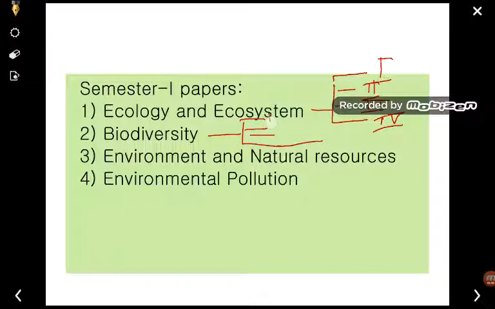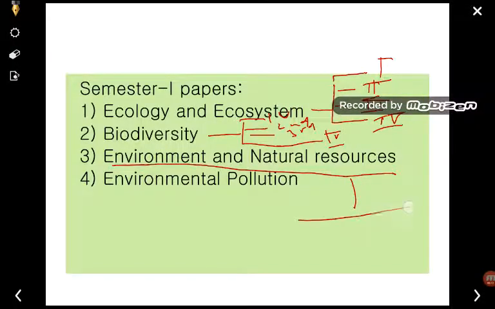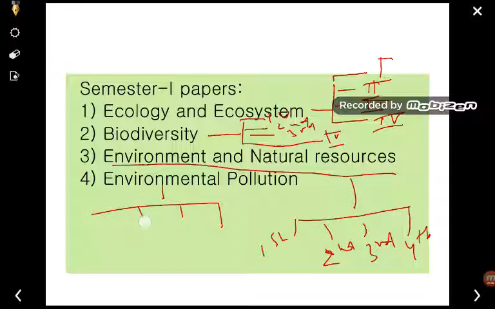Similarly, the third paper, environment and natural resources, is again consisting of 4 units, and environmental pollution is again consisting of 4 units.